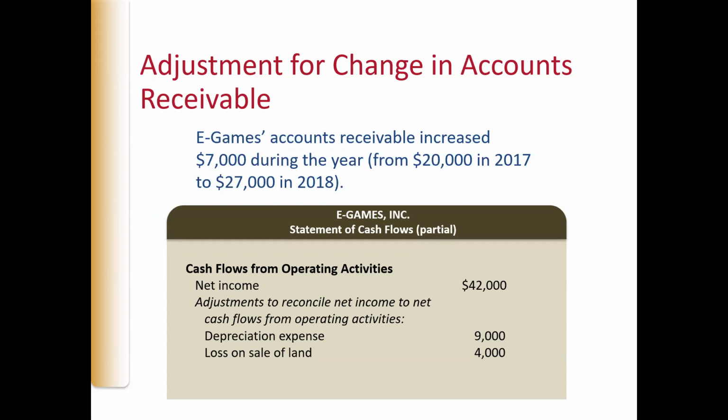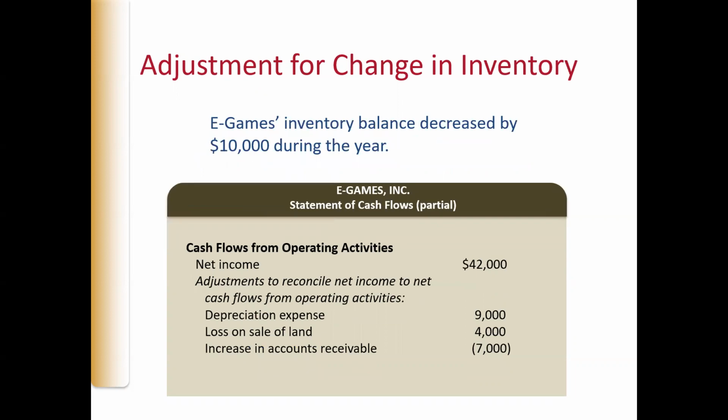Since it increased from one year to the next, we will subtract it in the operating activity section of the statement of cash flows. eGames inventory balance decreased by $10,000 during the year. When it decreases, we add it to the operating activity section.